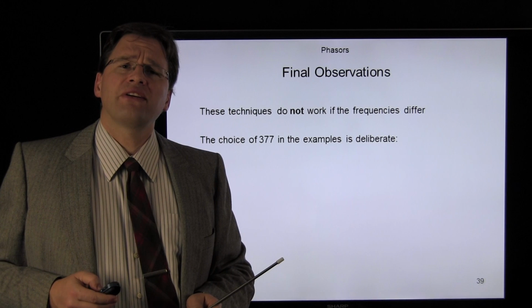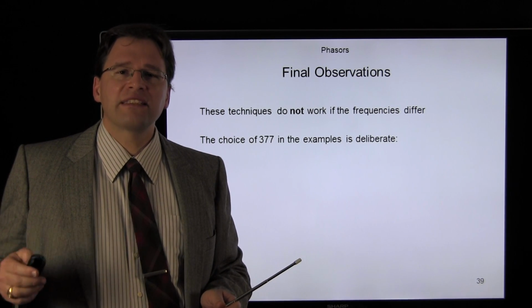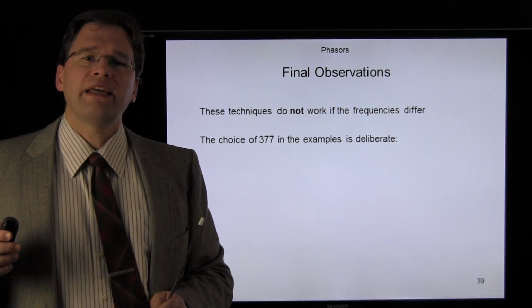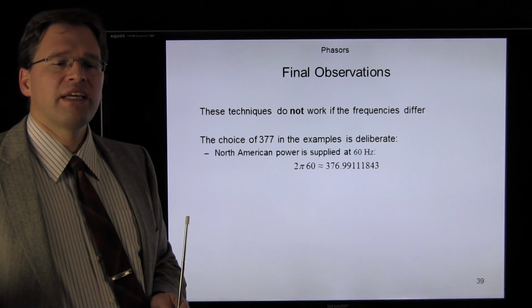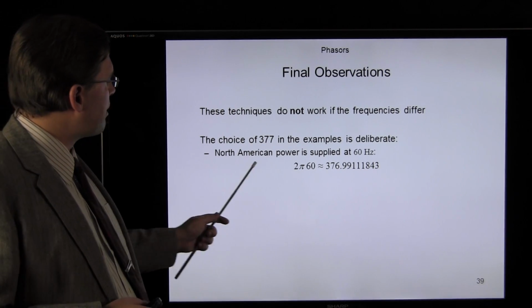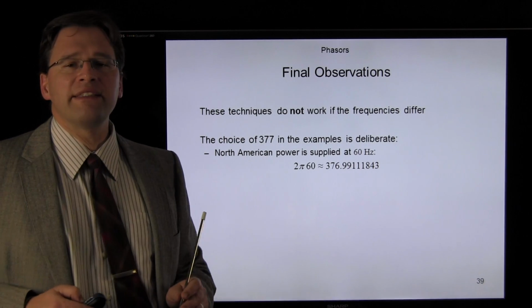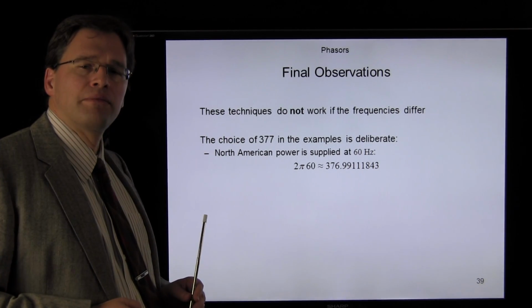I've used 377 as my angular frequency a lot. This is actually a very deliberate choice. In North America, we have 60 hertz. Well, 60 times 2 pi to get the angular frequency is 376.99 and change.